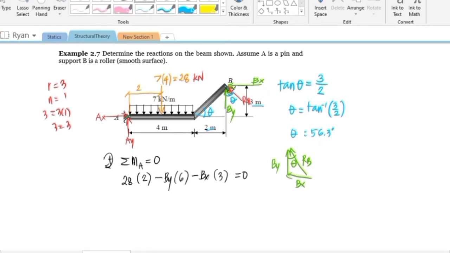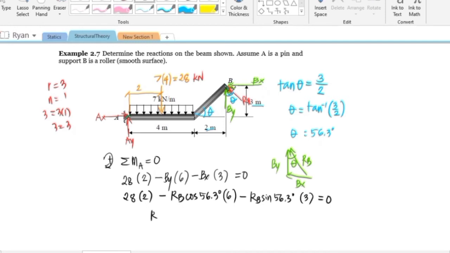Now, balikan natin yung equation natin. We have here 28 times 2 minus the BY that is adjacent. So we have the RB cosine of the angle theta, which is 56.3 degrees, multiplied by the distance 6 meters, minus BX, that is opposite side of the angle theta, so that is RB sine of the angle theta, 56.3 degrees, multiplied by the distance perpendicular, that is 3, is equal to 0.